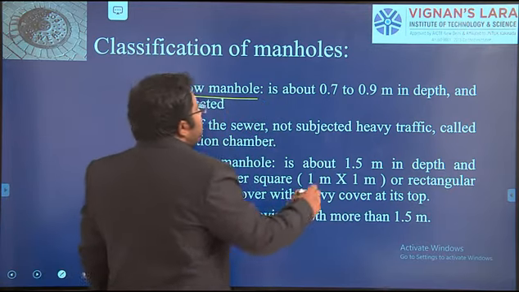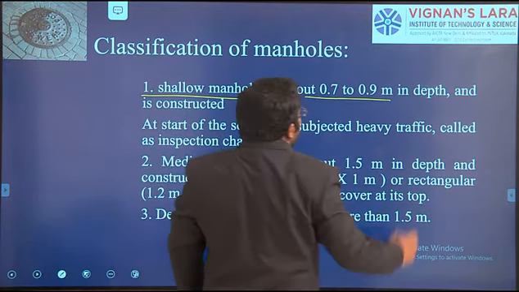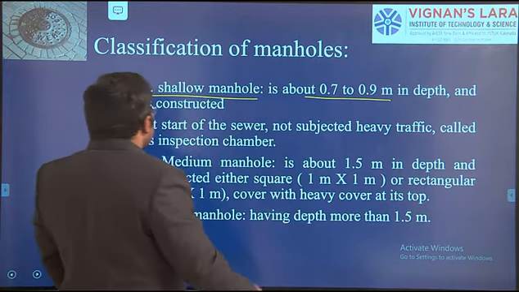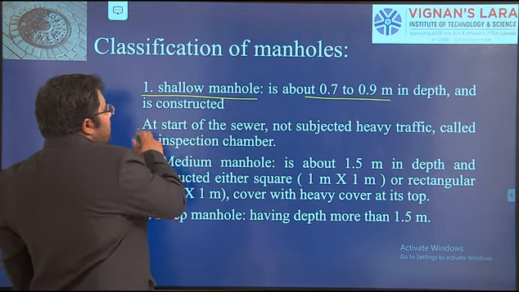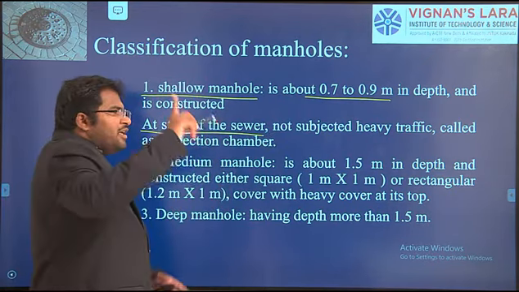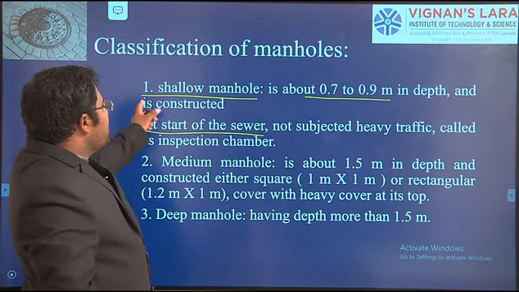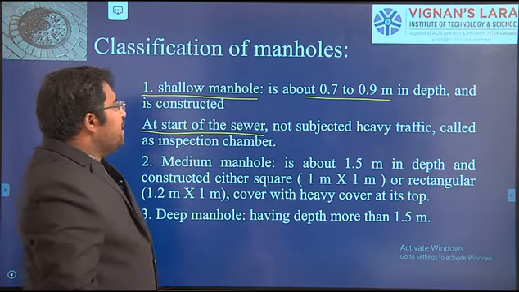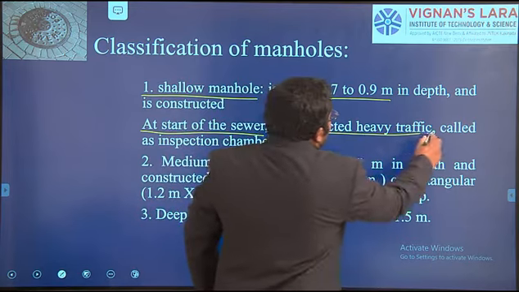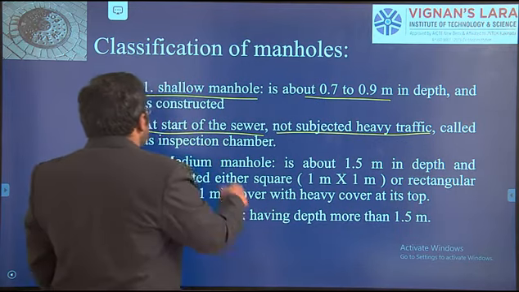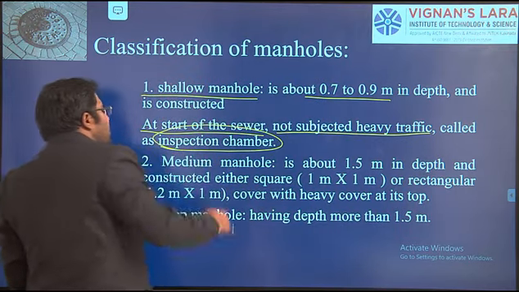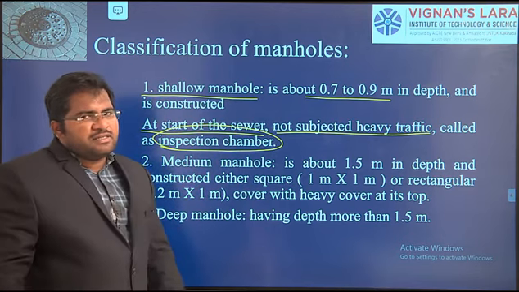It is about 0.7 to 0.9 meter in depth and is constructed at the start of the sewer. At the starting of the sewer line we will have this kind of manhole. It is not subjected to heavy traffic and is also called the inspection chamber.